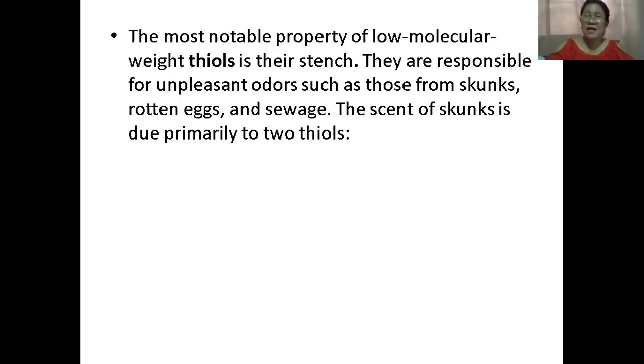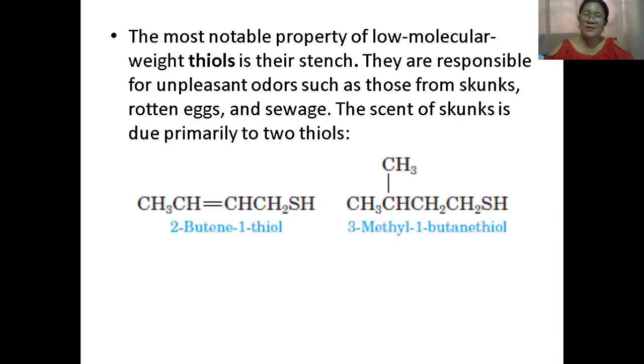The scent of the skunk is due primarily to the presence of two thiols. These two thiols: this is 2-butene-1-thiol, and this is 3-methyl-1-butene thiol. These two thiols are present in the skunk, the rotten egg, and the sewage.